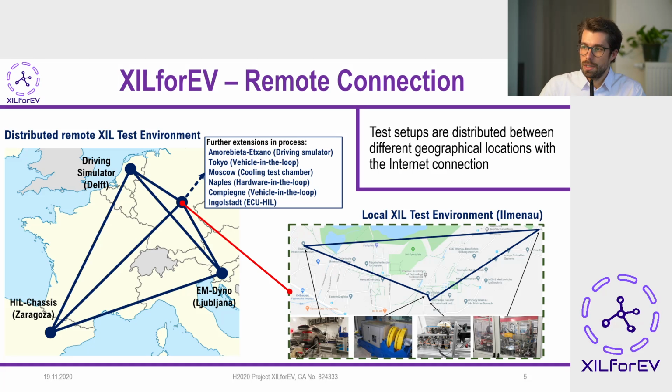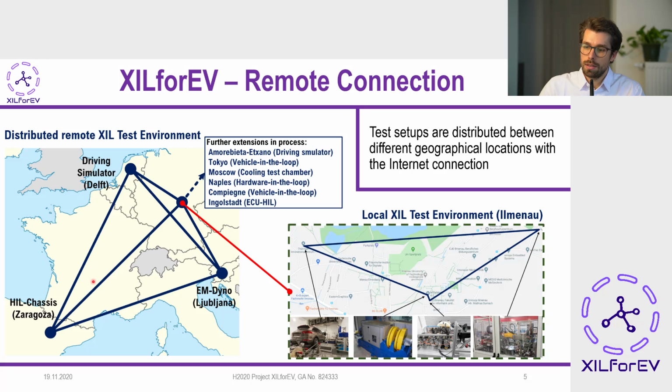So you can see the local test environment framed in here, and the next step, if we think bigger, is to connect test platforms all across Europe between Zaragoza, Ljubljana, Delft, and the network that is already built up in Ilmenau.